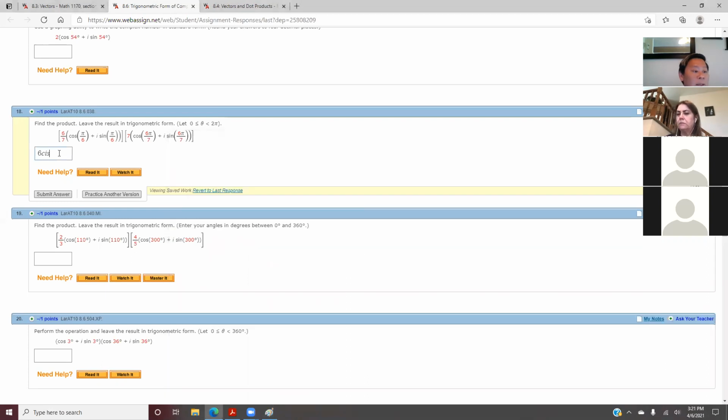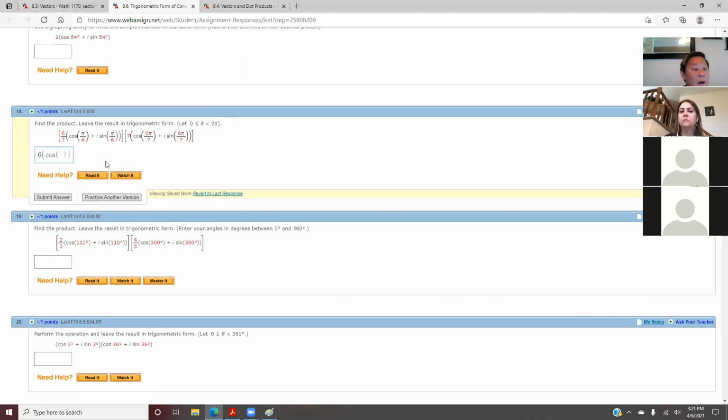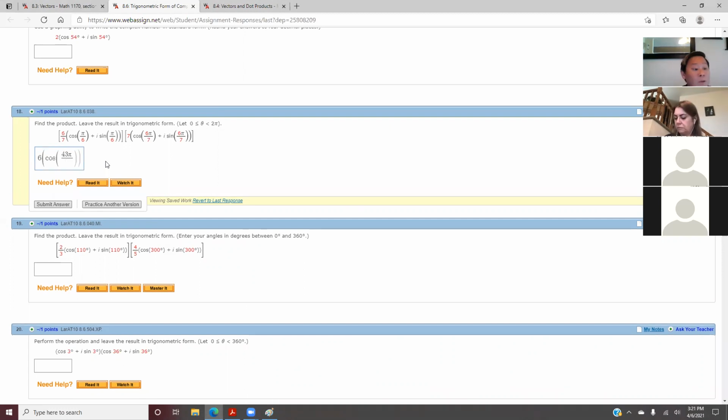So this is going to be 6 times cosine of 43 pi over 42 plus I sine 43 pi over 42.